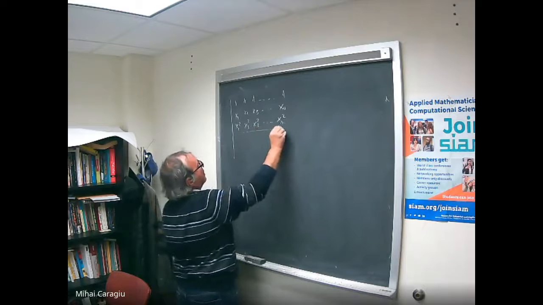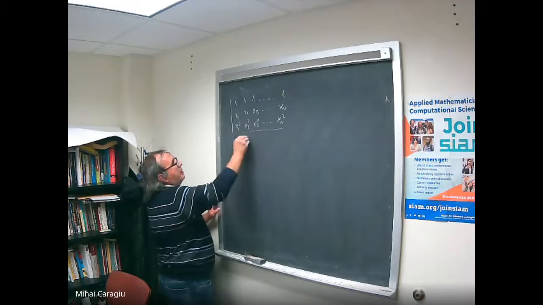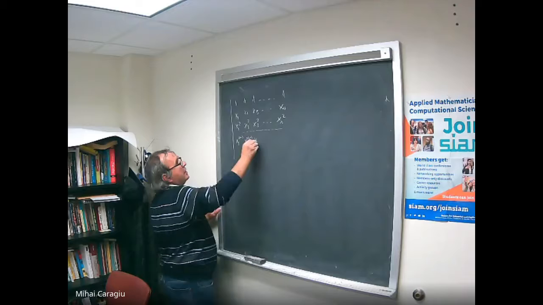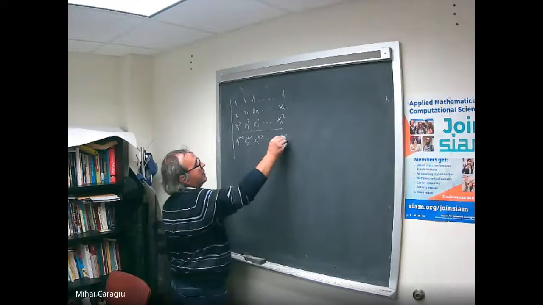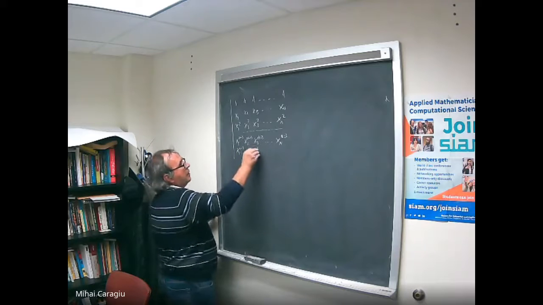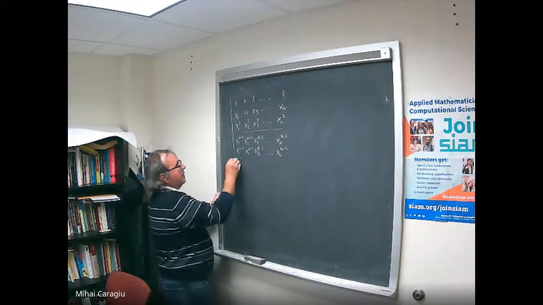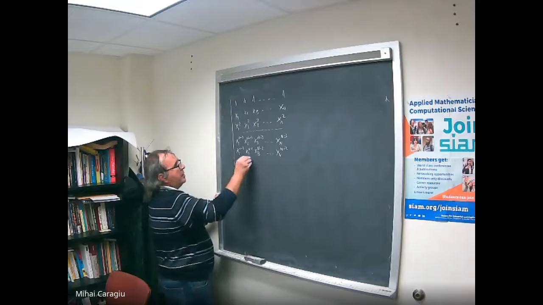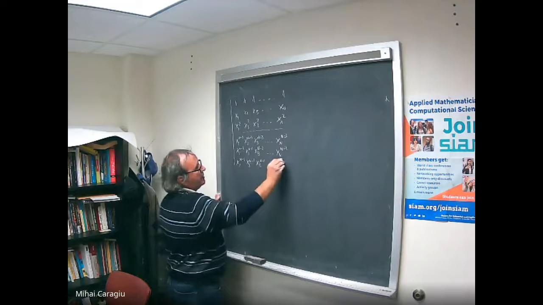So what we have at the bottom? x1 to the power n minus 3, x2 to the power n minus 3, x3 to the power n minus 3, all the way through xn to the power n minus 3. Then x1 to the power n minus 2, x2 to the power n minus 2, x3 to the power n minus 2, through xn to the power n minus 2. Then x1 to the power n minus 1, x2 to the power n minus 1, x3 to the power n minus 1, through xn to the power n minus 1.